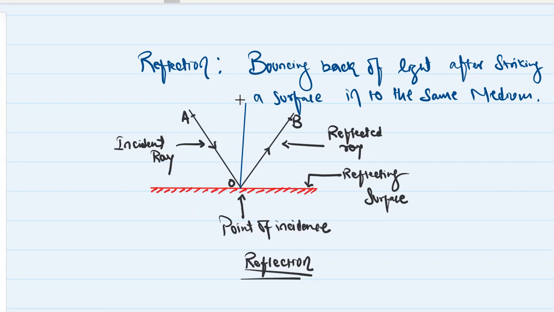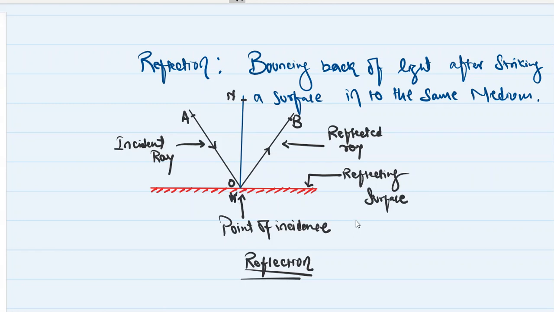There is this imaginary line which is drawn at the point of incidence, which is perpendicular to the reflecting surface. So what is this imaginary line? This imaginary line is named NN dash. I'm going to write N dash over here.